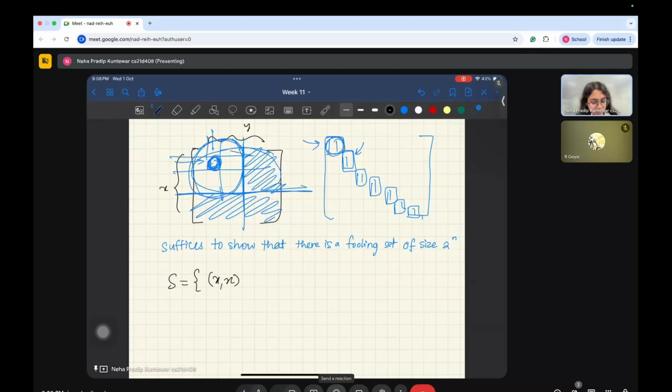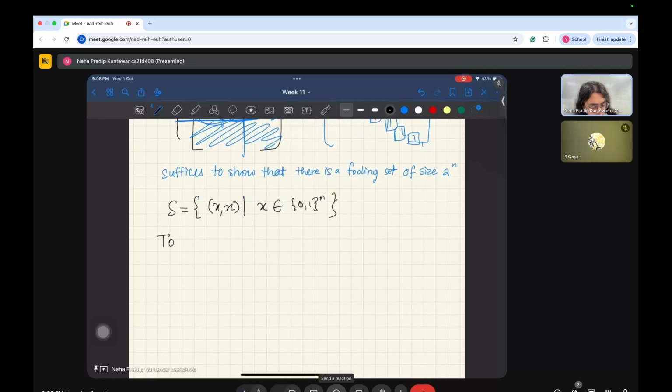Let's say we are just trying out all possible strings. Okay, let's check. Let's say we want to show that S is a fooling set.